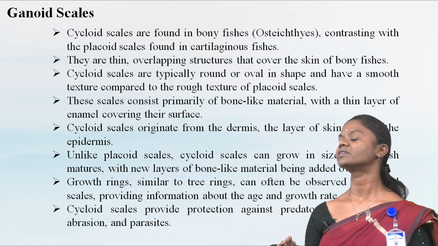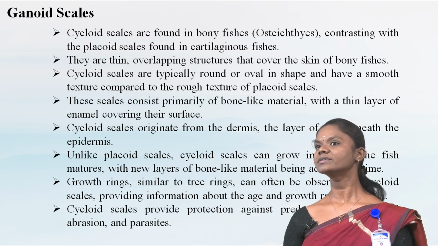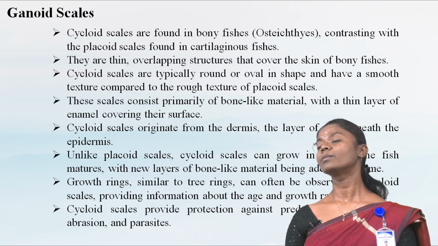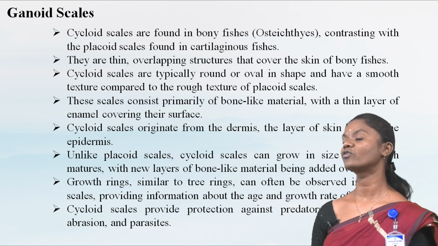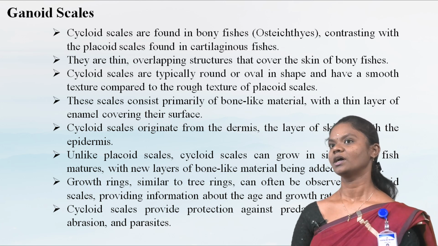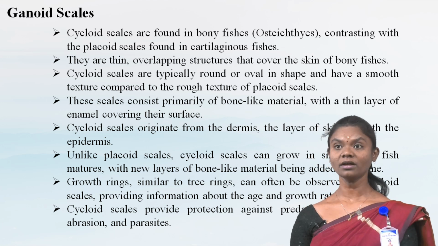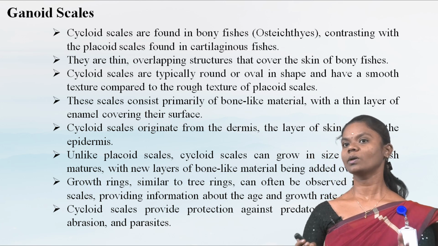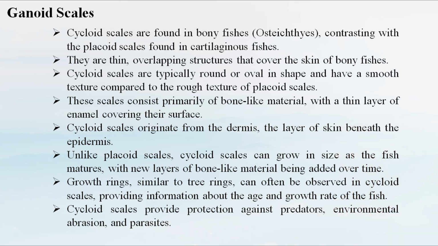Cycloid scales are typically round or oval in shape and have a smooth structure compared to the rough structure of the placoid scales. These scales consist primarily of bone-like materials with a thin layer of enamel covering their surface. The cycloid scales originate from the dermis, the layer of skin beneath the epidermis.